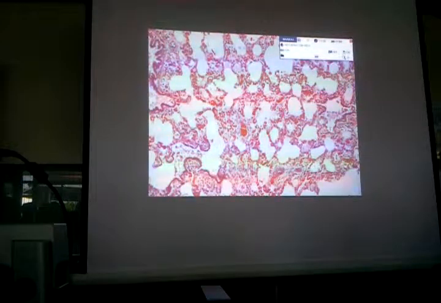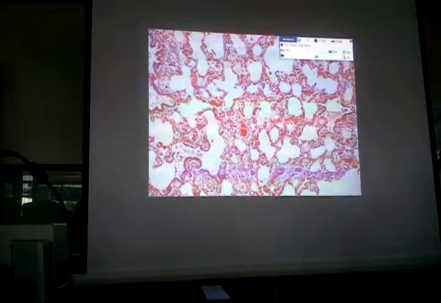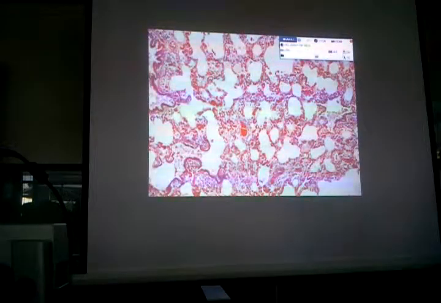How about the condition of the blood vessels? Congested. How about the thickness? Okay, thick because of edema, and those pointed cells should be inside the blood vessels. Those are the white blood cells. Okay, leukocytic infiltration and edema of the interstitial tissue.